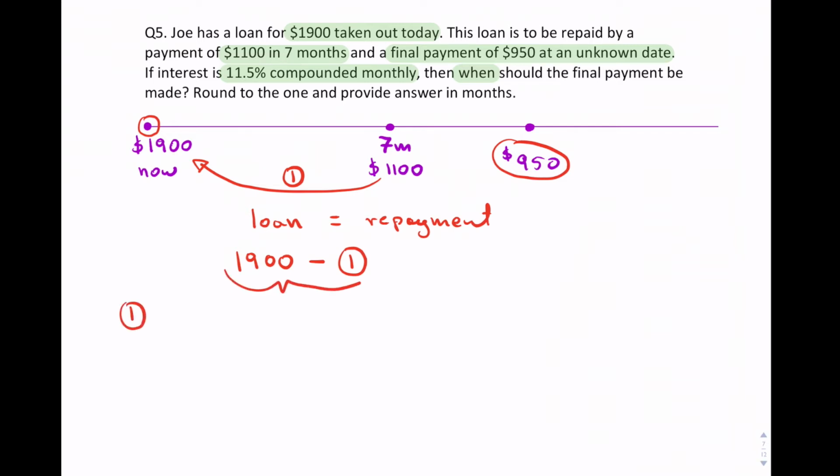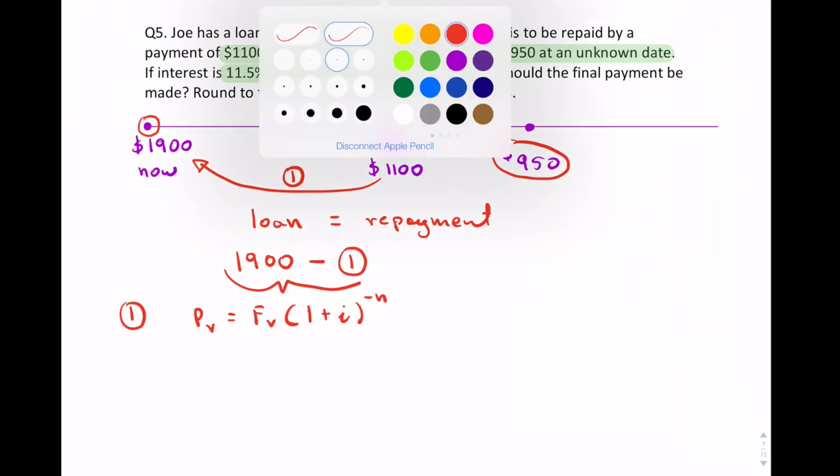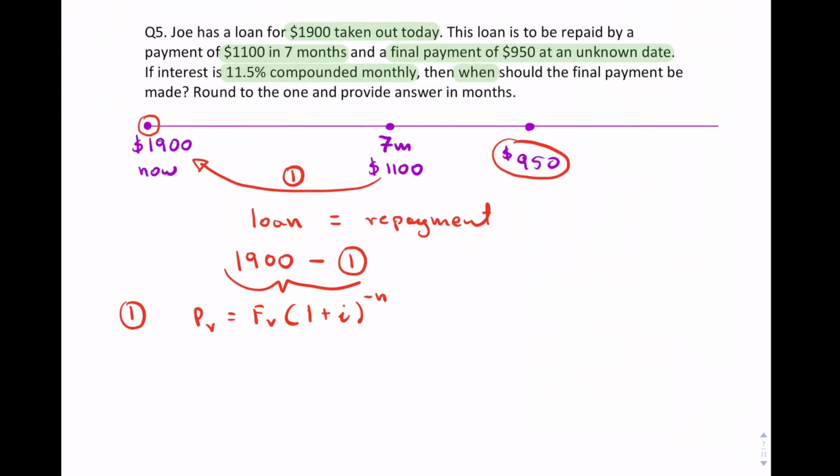Because I'm bringing it back, I'm going to use the present value formula. Remember that it is compounded. The rate is 11.5%, and it is monthly, so it's divided by 12. And n in this case is 7 because it's 7 months away.